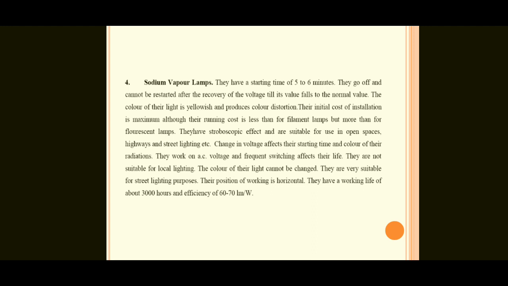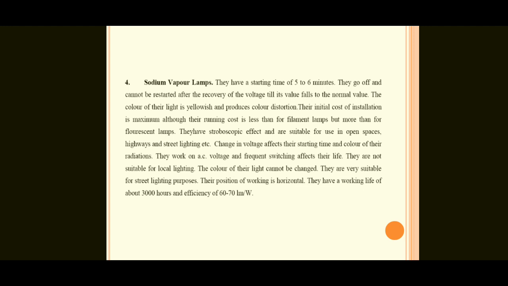They are not suitable for local lighting. Also the color is fixed, that is yellowish color, and this color cannot be changed. So generally sodium vapor lamps are used for street lighting purposes.